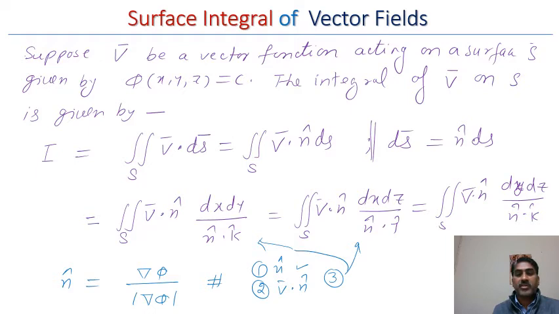After writing in this form, we will need the limits according to the variables used. For example, if we use this form, we will need the limits of y and z, and the projected shape will lie on the yz plane. So this is the summary of how we integrate surface integrals.